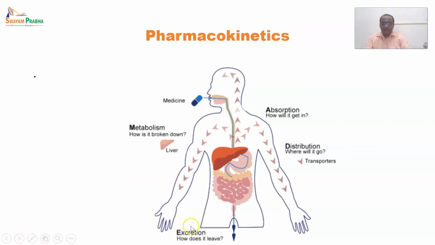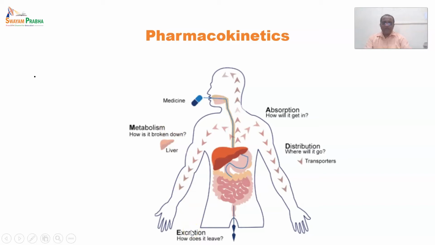And lastly, the drug will be excreted. So the drug is eliminated after its action, and a drug can be eliminated by certain ways. So these are all things happening in pharmacokinetics. Shortly it is called ADME: absorption, distribution, metabolism, and excretion.